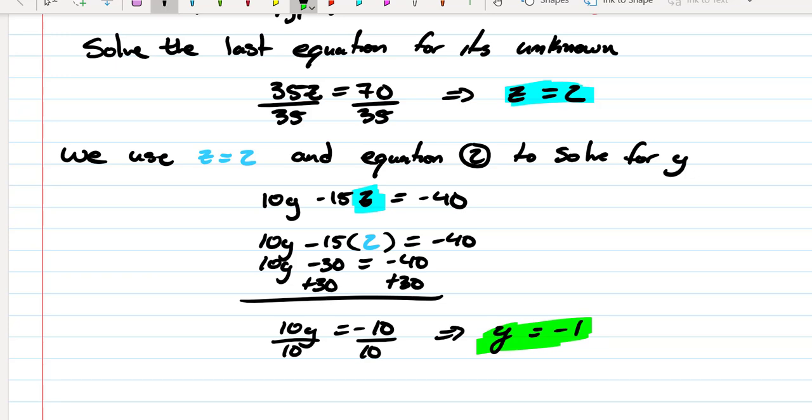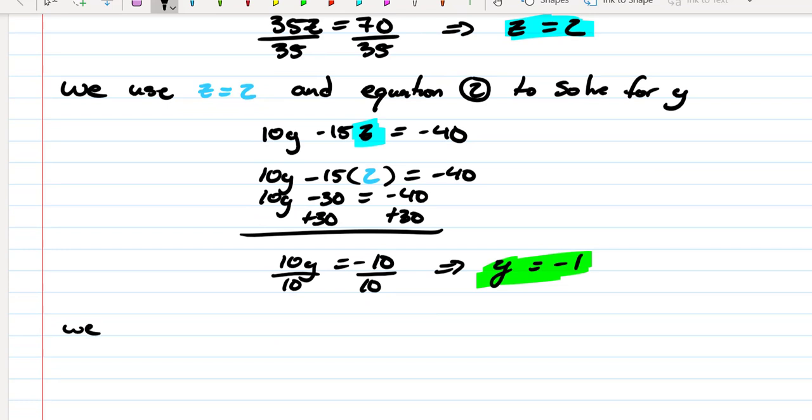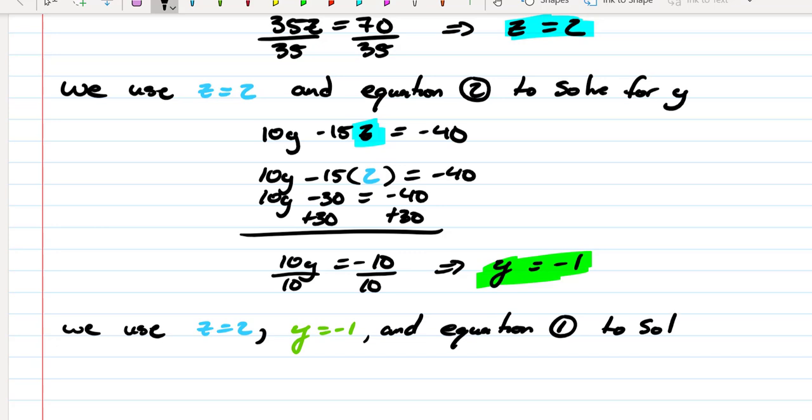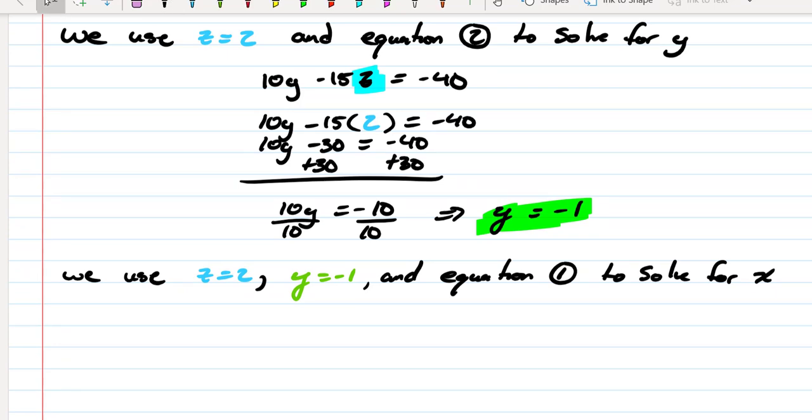So now we use z equals 2, y equals negative 1, and equation 1 to solve for x. So equation 1 is x minus 2y plus 3z is equal to 11.